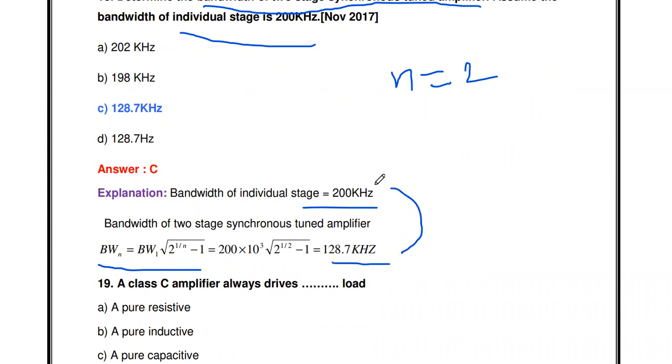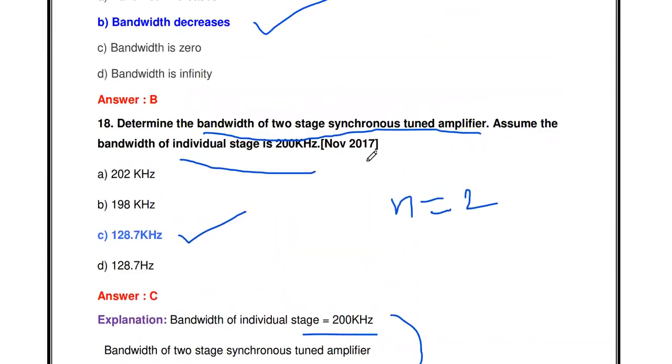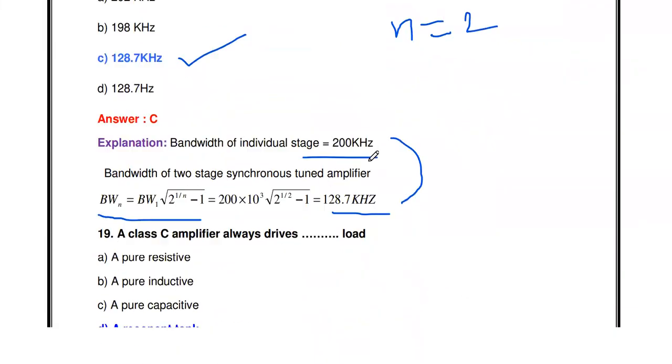If you connect 2 similar stages in cascade, we get the reduced bandwidth: the 200 kilo is reduced to 128.7 kilohertz. This is also an important 2-mark problem. This question was asked in November 2017, as a 2-mark question.